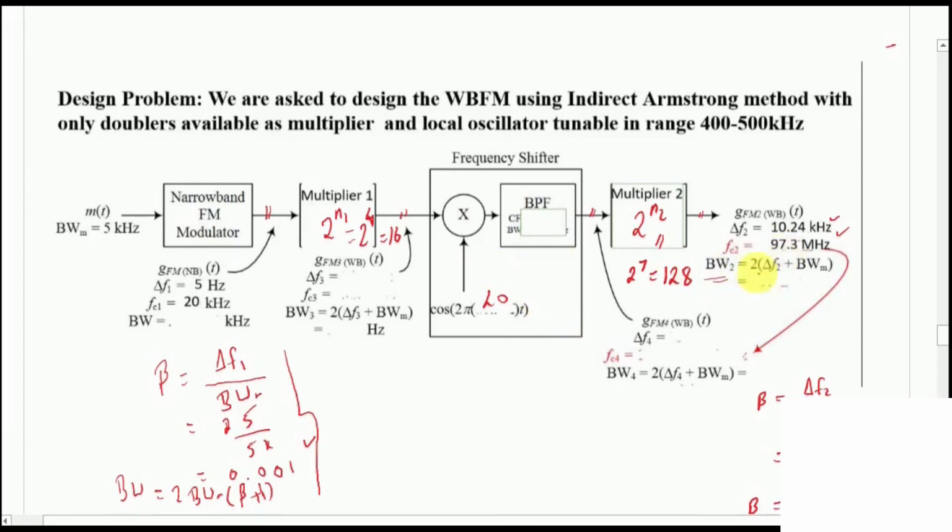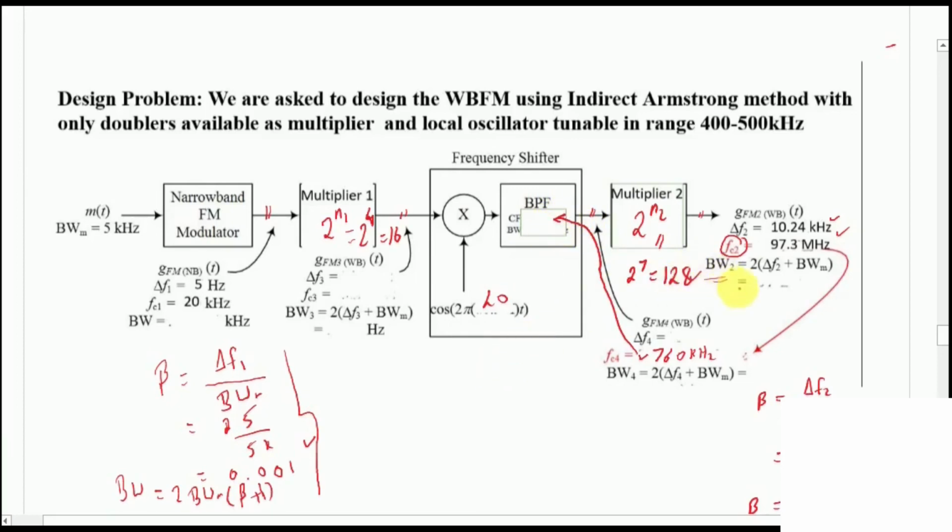So from here what we can say is, if you divide FC2 by 128, you will get a value of FC4, and that value is 760 kilohertz, right? And this value is also your center frequency.